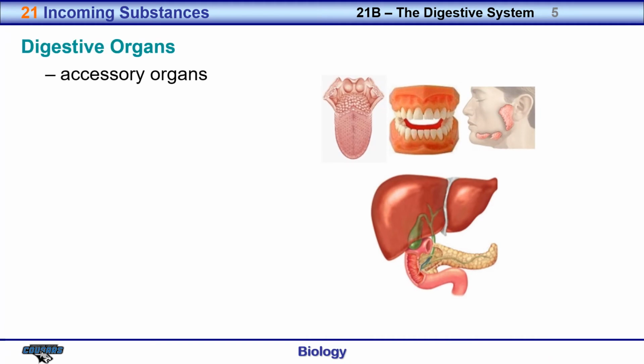Now we have next the accessory organs, we call them. These are the organs that include the teeth, the tongue, the salivary glands. You have some right in front of your ear, back part of your jaw, and then you have some of them that are underneath your jaw, kind of like underneath your tongue, the salivary glands that secrete saliva.